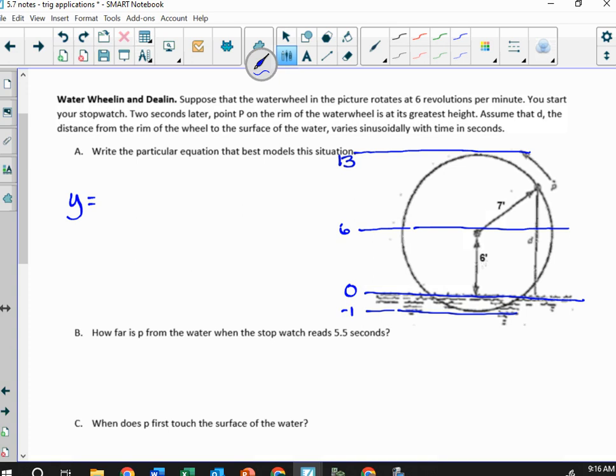Guys, the vertical stretch out in front, is it a 6 or a 7? It is a 7, yes, because it's this distance from the top to the midline, or the radius of your circle, okay?